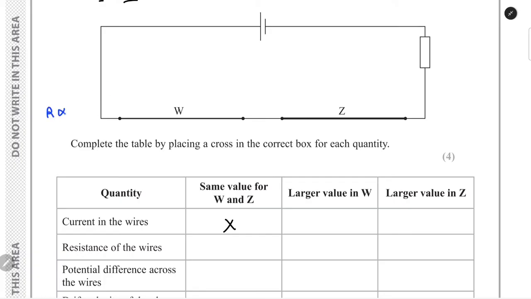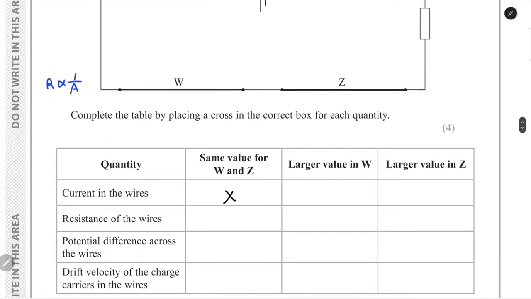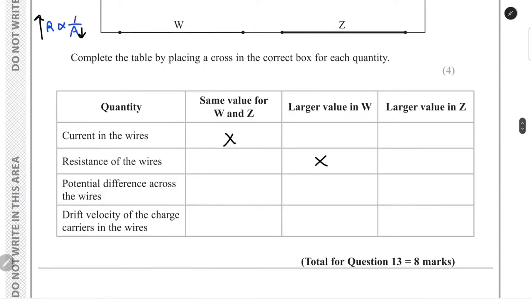So their resistance is inversely proportional to their area. Over here, my bad, the greater the area, the smaller the value of resistance. For Z, the area is larger, so the resistance is smaller. For W, the area is smaller, so the resistance is larger. So resistance is larger in W.